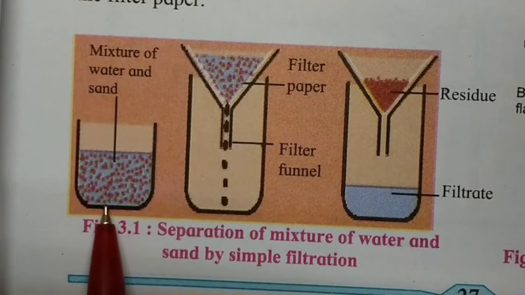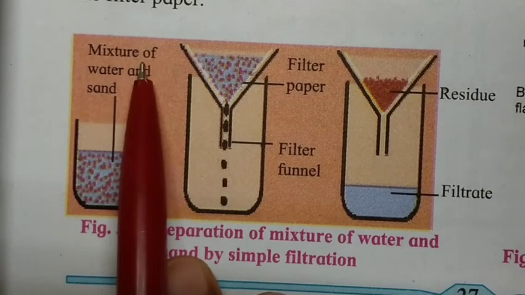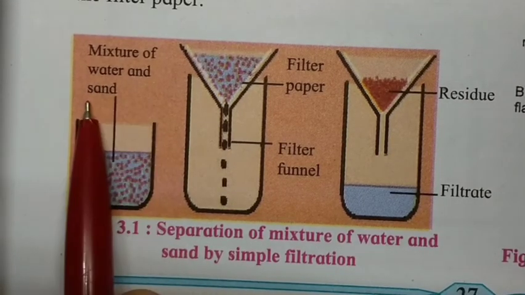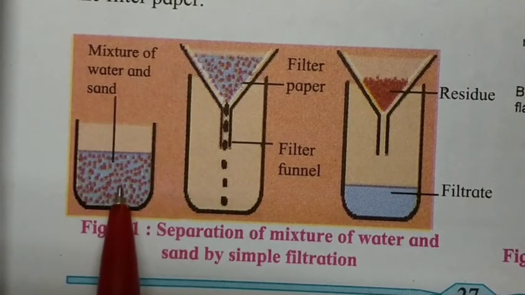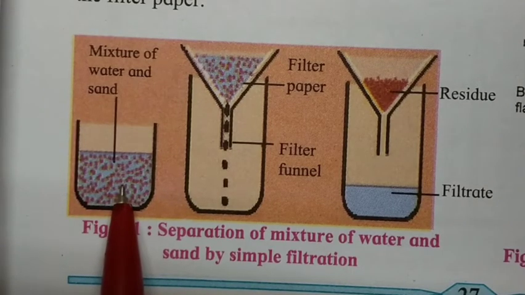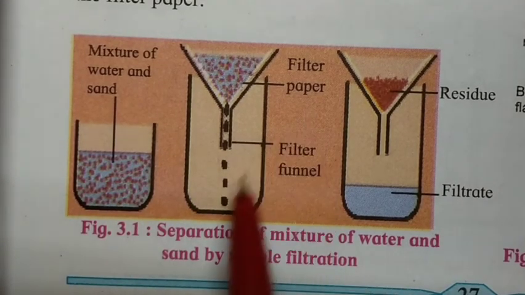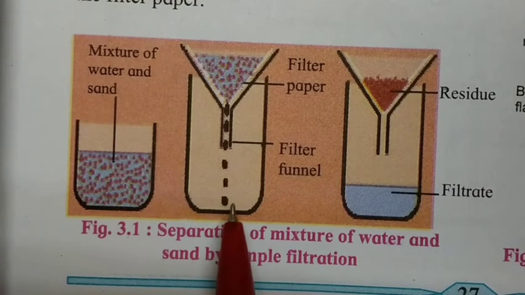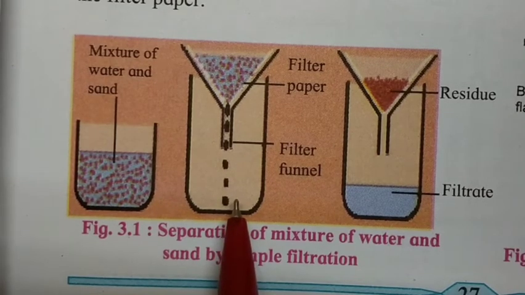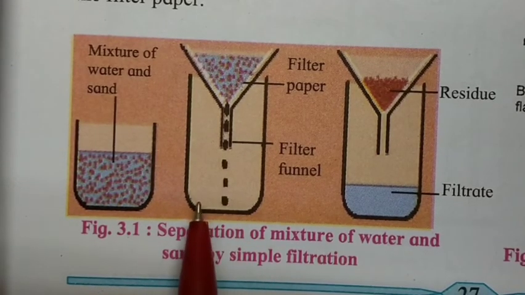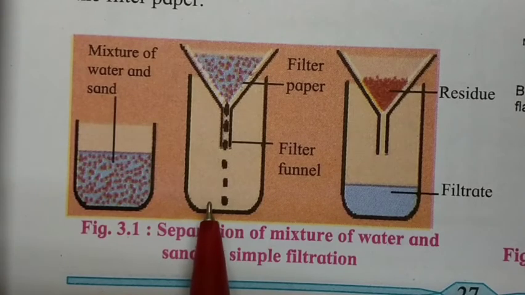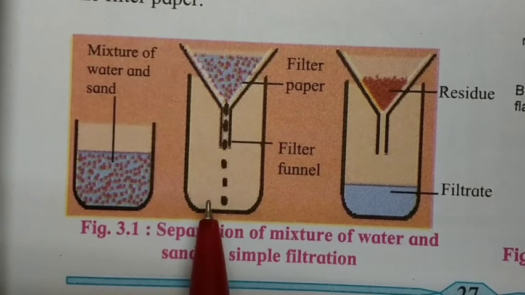This is a beaker in which a mixture of water and sand is taken. Now, separation of the mixture of water and sand by the simple filtration process is to be carried out. What do we have to do for this?